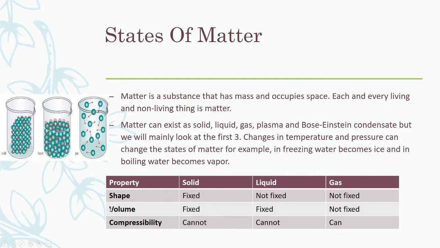Compressibility: a solid cannot be compressed because its atoms are closely packed together, as you can see, whereas a liquid also cannot be compressed because it also has atoms which are very close to each other, but not as much as solids. But a gas can be compressed because its atoms are way farther apart than those of liquids and solids.